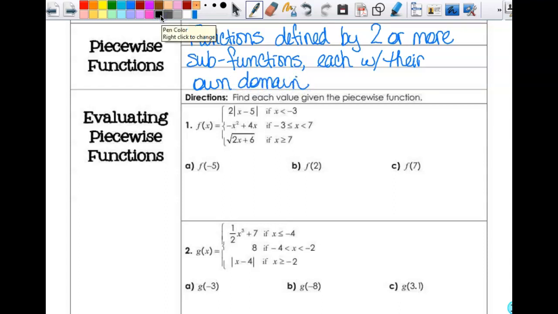Okay, so they are functions defined by two or more sub-functions, each with their own domain. So here's what this means. We're going to look at evaluating them first.